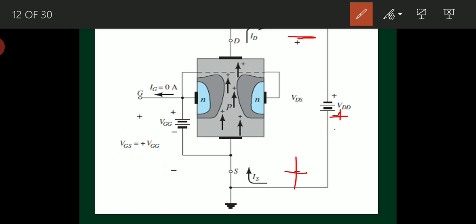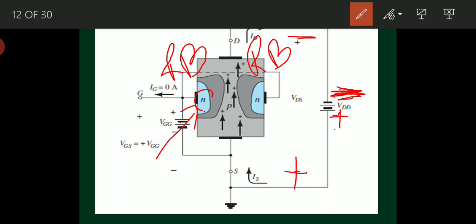If I go on increasing VGG, what will happen? This positive terminal makes this N-type gate more reverse biased, and this negative terminal is also making it reverse biased. So reverse bias improves fast if I increase VGG much more.